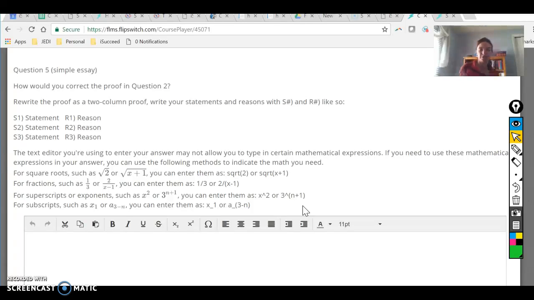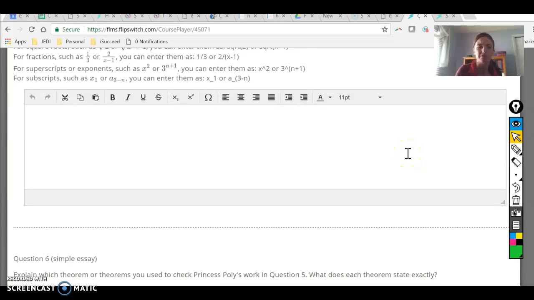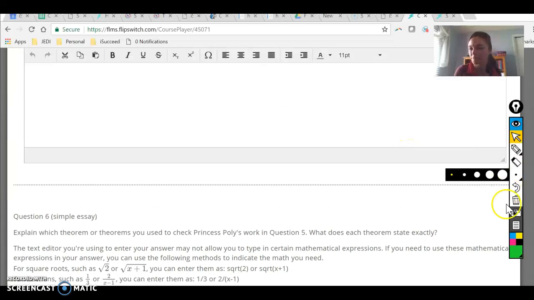We previously decided that we were going to factor out the 3 minus 5i. So let's scroll up so we give ourselves a little room here. I'm just going to say S and R, okay?